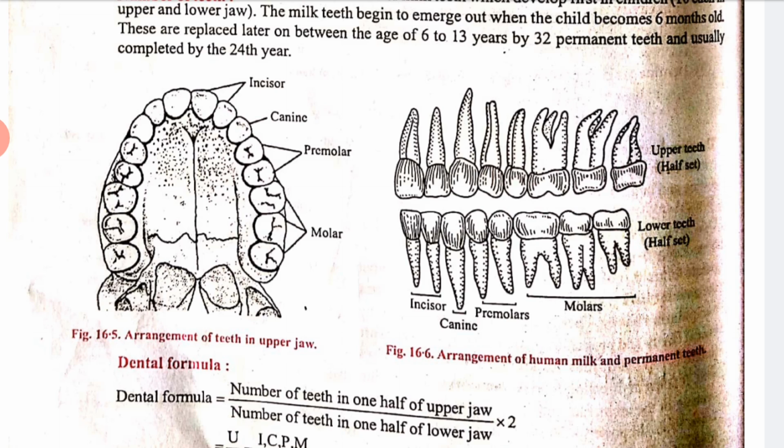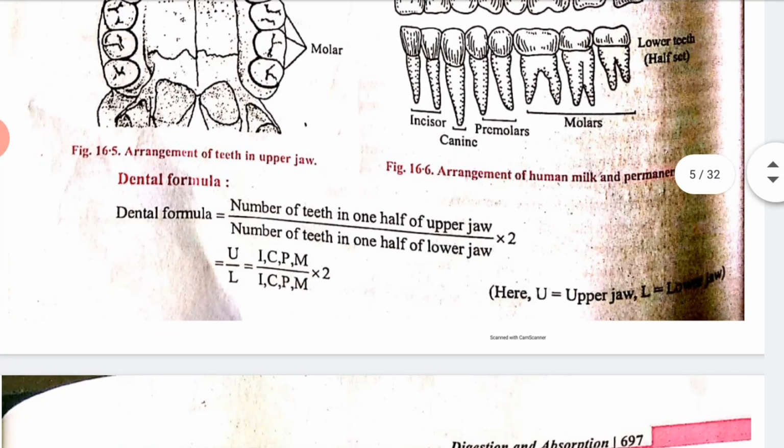According to that we have the dental formula also. We have two dental formulas, one for milk teeth and one for permanent teeth. First let's see what the formula is. The dental formula equals the number of teeth in one half of the upper jaw over the number of teeth in one half of the lower jaw, multiplied by 2, upper and lower.